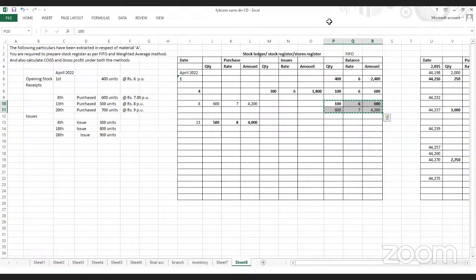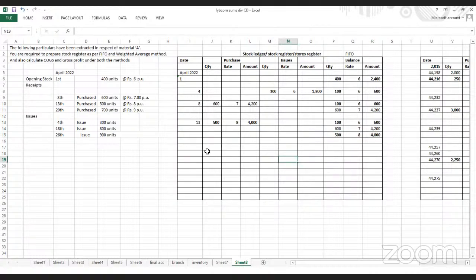So first of all, I need to carry forward those 2. Okay. Now below them, I'll write the new purchase, that is 500 units at the rate of 8 per unit. The amount is put down. So after this purchase, I have 3 lots of material.